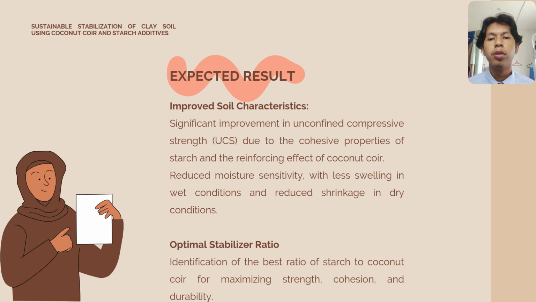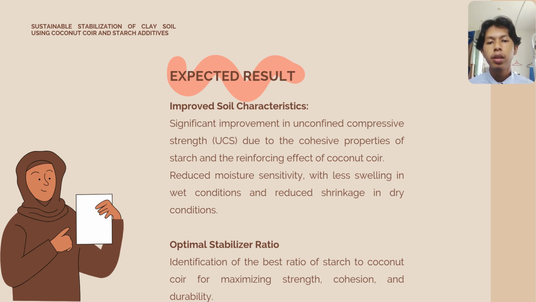Okay, now we move to the expected results. First, improved soil characteristics: significant improvement in unconfined compressive strength, that is UCS, due to the cohesive property of starch and the reinforcing effect of coconut coir.